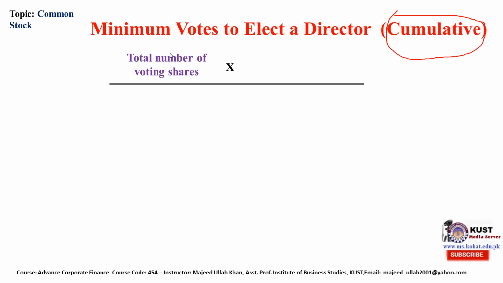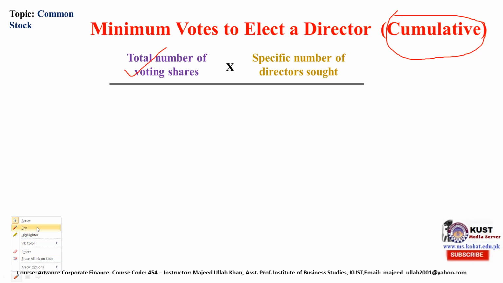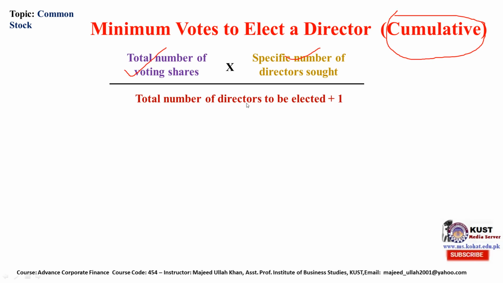First is the total number of voting shares that you have. Total number of voting shares multiplied by the specific number of directors sought, divided by the total number of directors to be elected plus 1, and then plus 1. This is the formula.